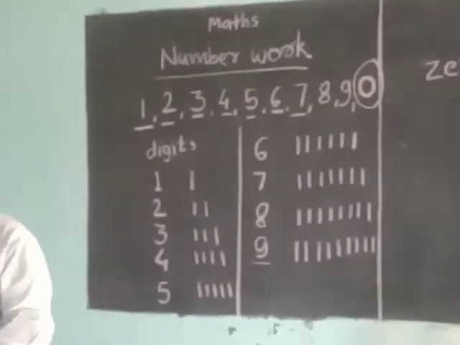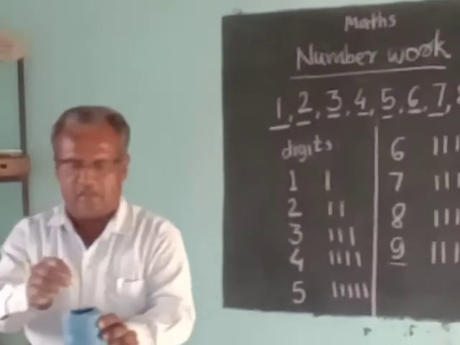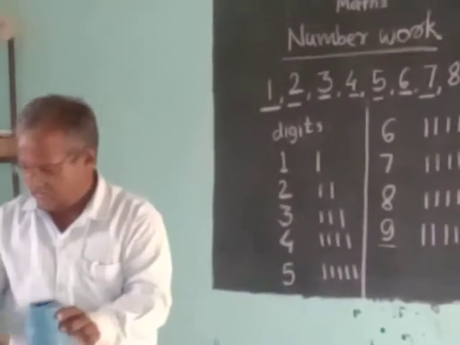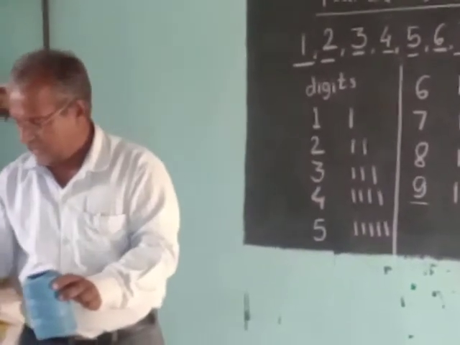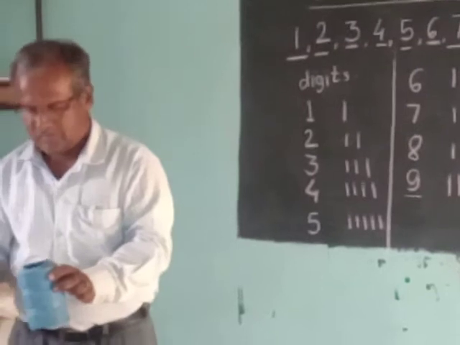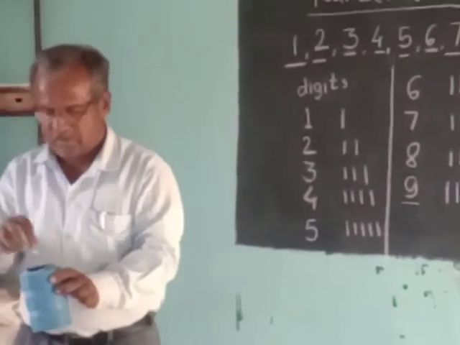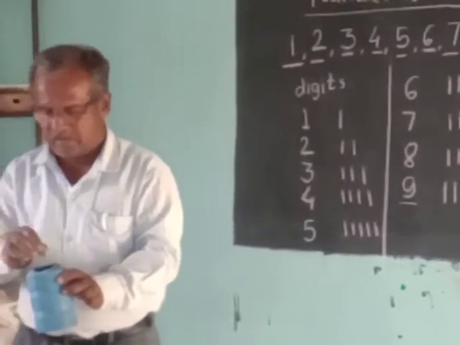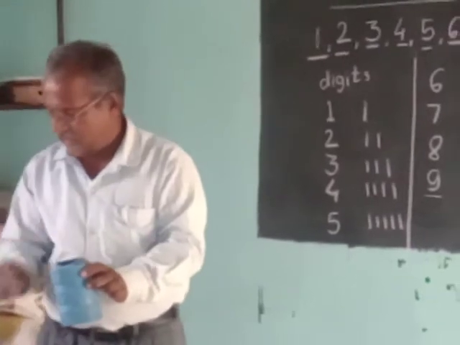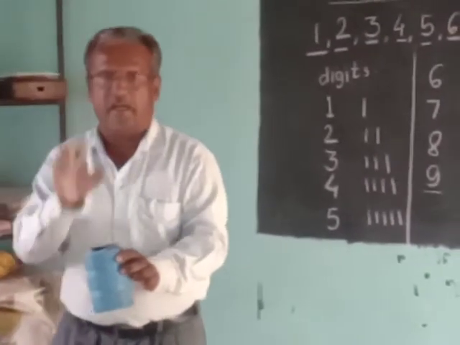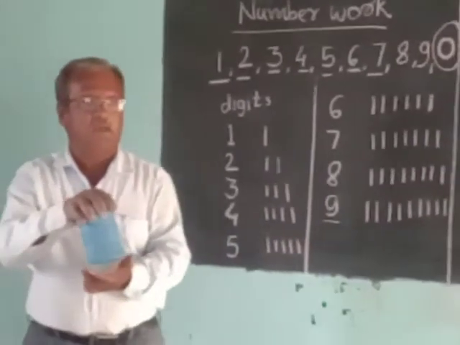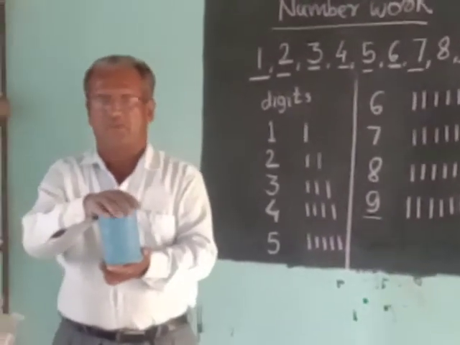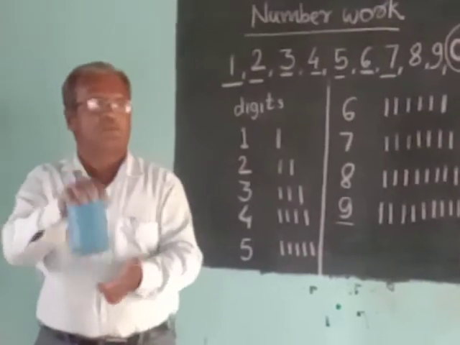I put these in a box: 1, 2, 3, 4, 5, 6, 7, 8 and 9. Which symbols do we use? I put pieces of chalk in this box.